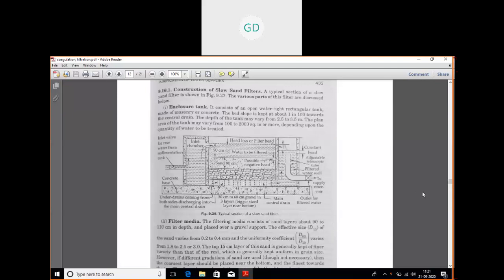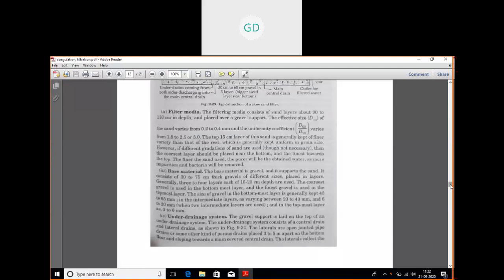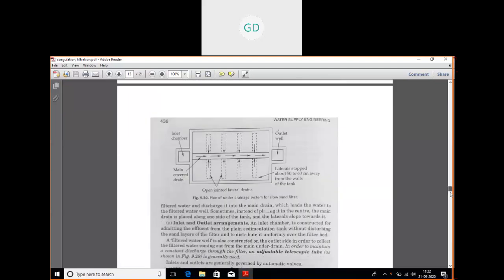After remembering the diagram, you can write 2-3 lines about each of the constituents, like enclosure, tank, filter media, all those things. But constructional details are not of much importance. You should know what things are present inside a slow sand filter, like what the base materials are and what the filter media are. All those things you need to remember.